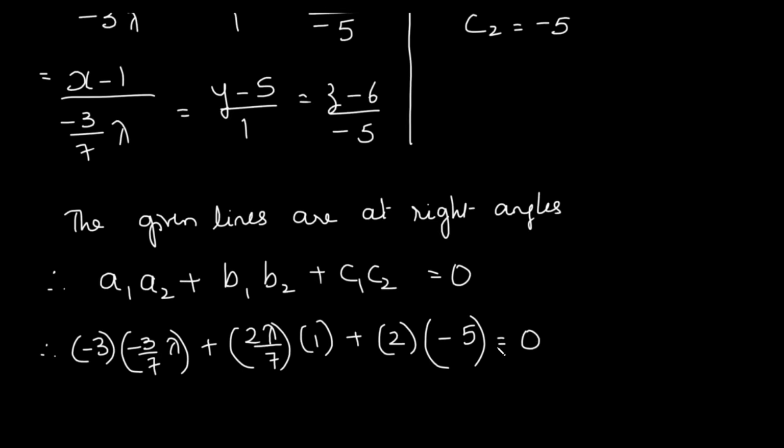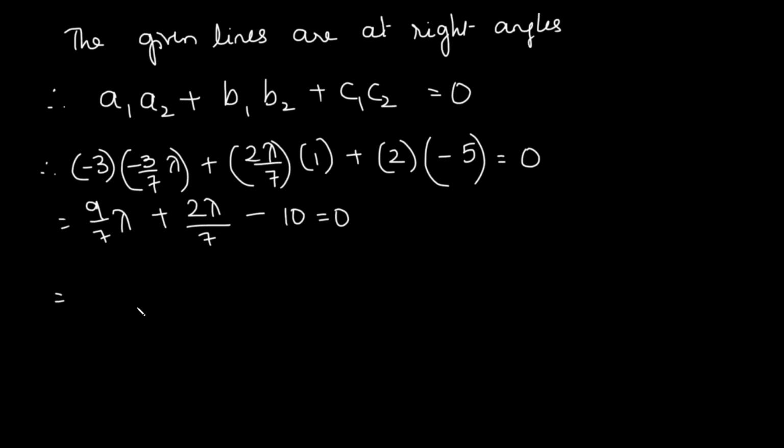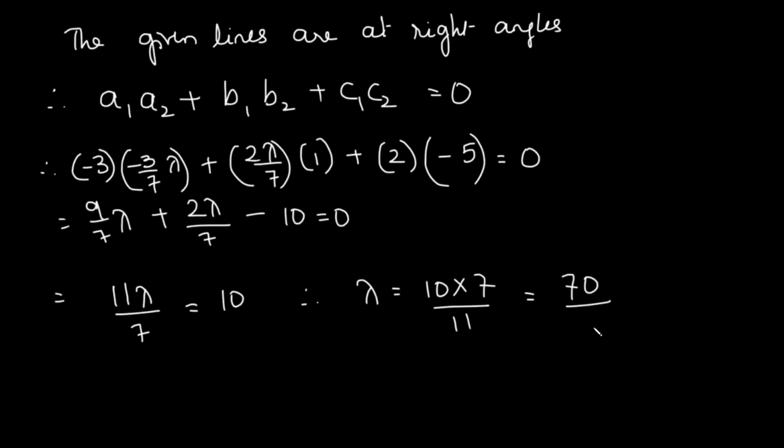So the value of this comes out to be 0, and therefore we can write it as 9 lambda upon 7 plus 2 lambda upon 7 minus 10 is equal to 0, and then we get 11 lambda upon 7 is equal to 10, and therefore lambda becomes 10 into 7 upon 11, which is 70 upon 11. So this becomes our answer for lambda.